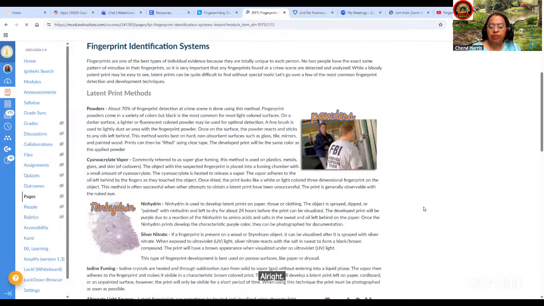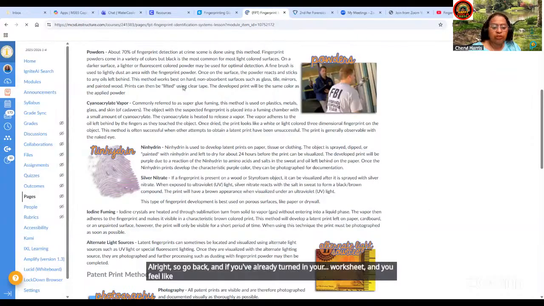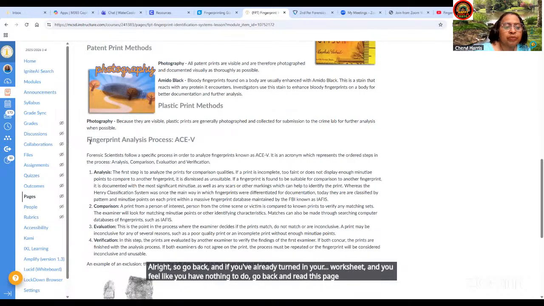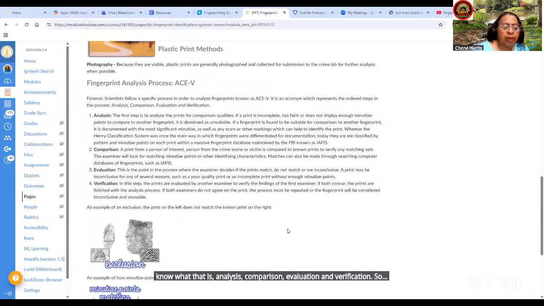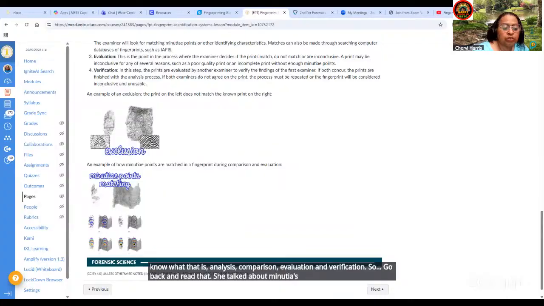Okay, Sue. She also mentioned, all right, so go back and if you've already turned in your worksheet and you feel like you have nothing to do, go back and read this page. In particular, fingerprint analysis. So know all these acronyms, ACE-V, know what that is: analysis, comparison, evaluation, and verification. So go back and read that. She talked about minutiae and showed you all of those.